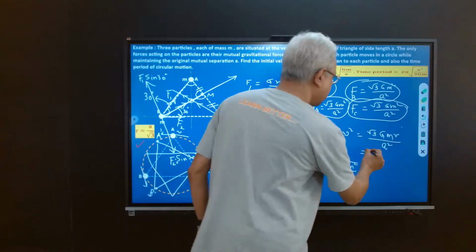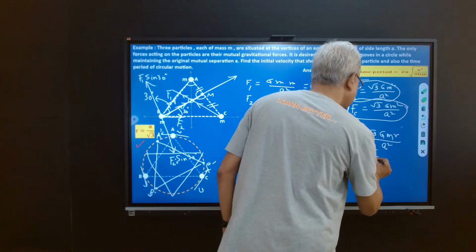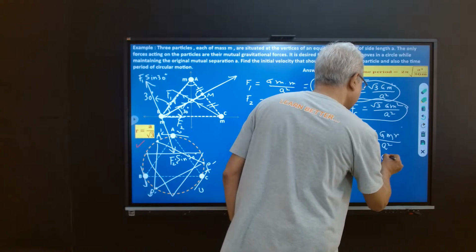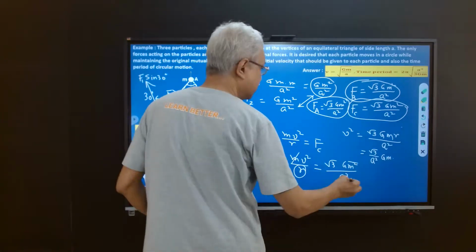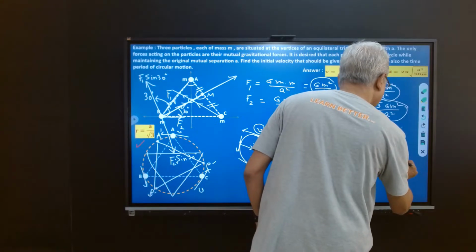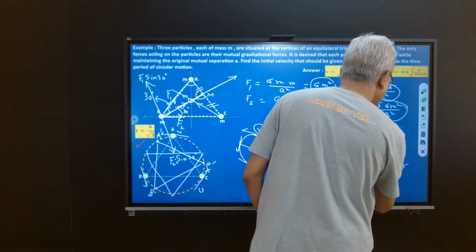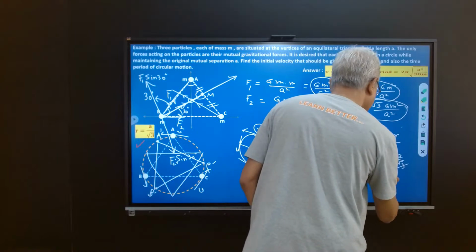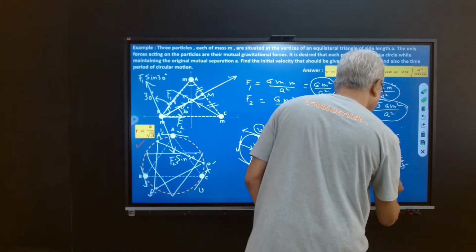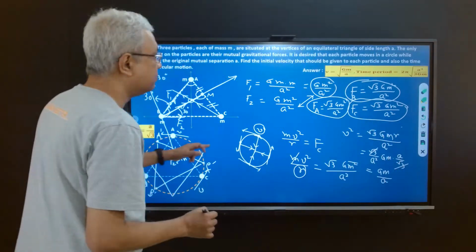So if I substitute, root 3 by a square Gm, with r as a by root 3, root 3 cancels, so I get Gm by a.